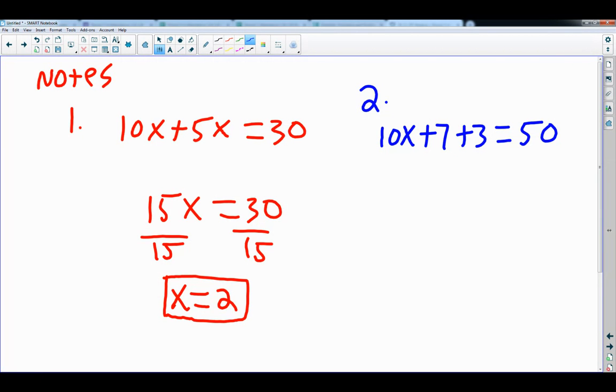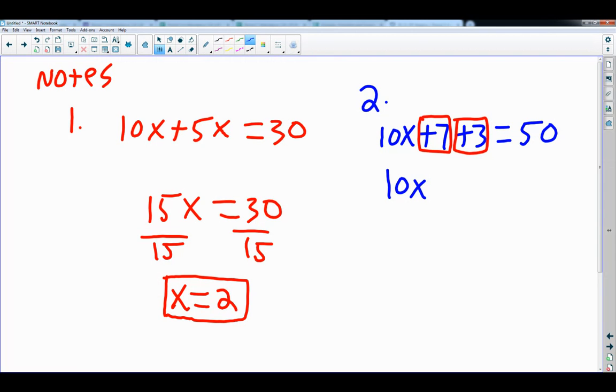I can combine positive 7 and positive 3. I'm going to show you a different way of doing this either tomorrow or Wednesday, but for right now, we're going to just combine our like terms. So positive 7 goes with positive 3. So that gets me 10x, which I can't combine with 7 and 3.